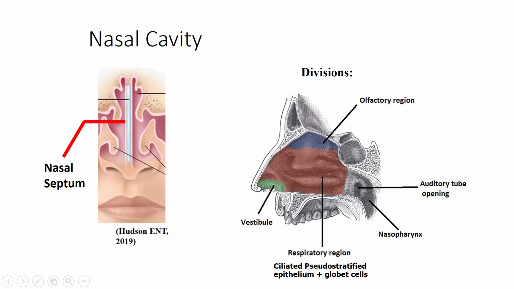And then this mucosa is continuous with the chambers that will communicate with the nasopharynx posteriorly, the paranasal sinuses superiorly, for example, here the frontal sinus, and laterally with the maxilla.